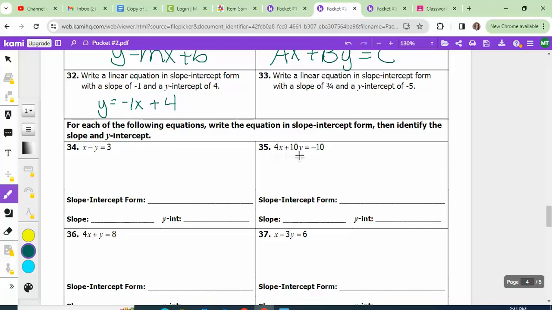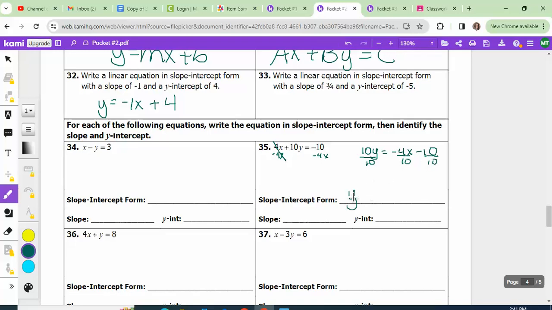Right idea, we have to get the y by itself. So let's solve. If I want to move the 4x, we would subtract it. So we have 10y equals -4x minus 10. These aren't like terms, so I can just write it that way. Then what would we have to do to everything? Yeah, divide them by 10.